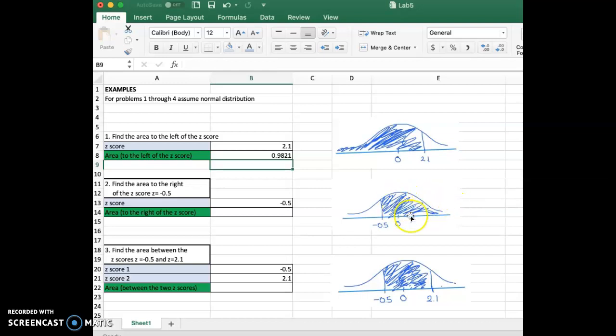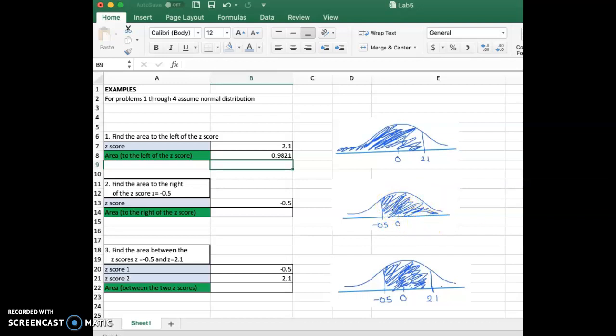So how are we going to find the area to the right of negative 0.5? We know that the whole area is equal to 1. So if we subtract this area from 1, we will be able to find the area to the right of the z-score negative 0.5.